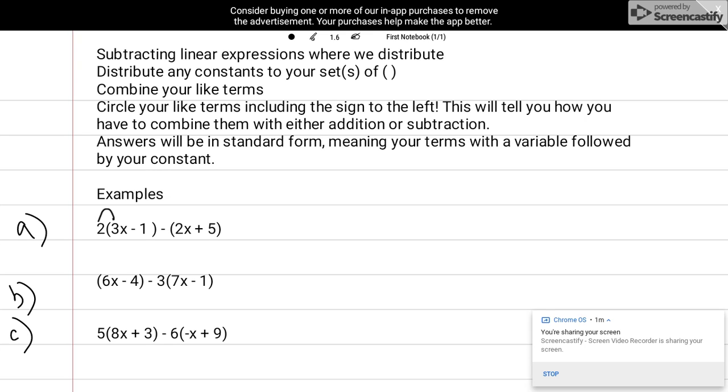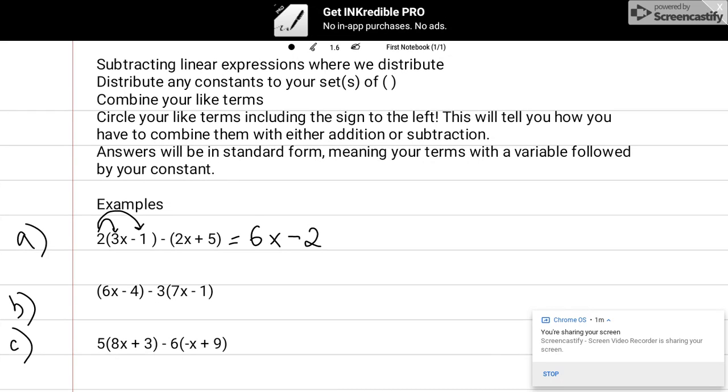So 2 times 3x is going to give me a 6x, and 2 times 1 is going to give me a 2, and the sign in the middle here is a negative. So now I have 6x minus 2, but if we recall from our last subtracting video, we have to take this negative and apply it to every term on the right side of those parentheses. So that positive 2x becomes a negative 2x, and that positive 5 becomes a negative 5.